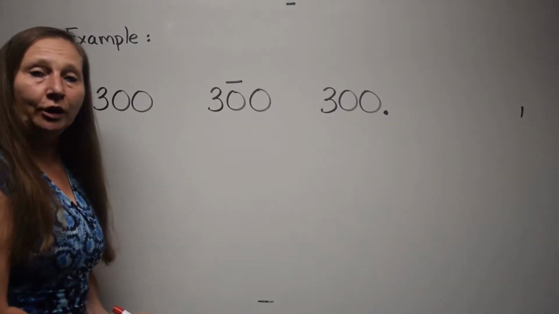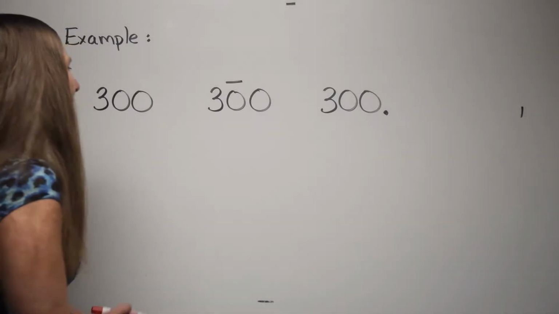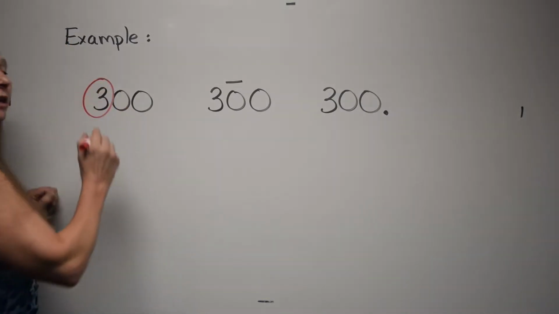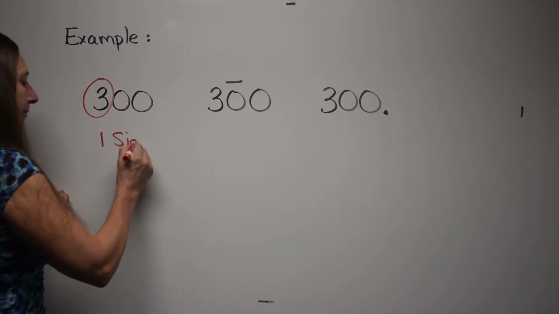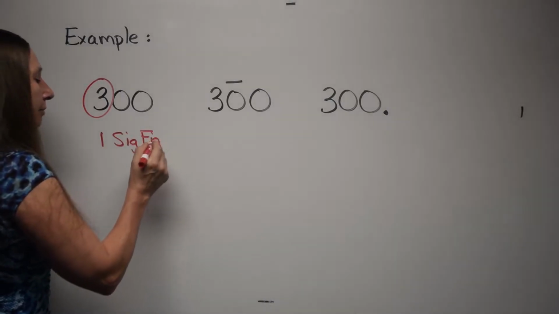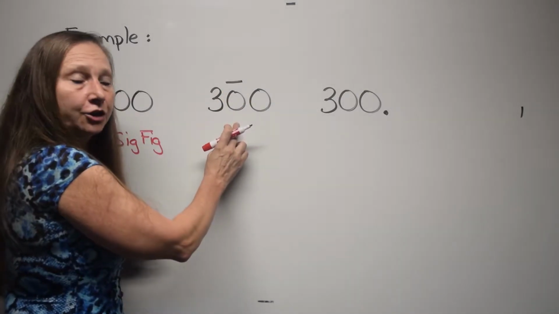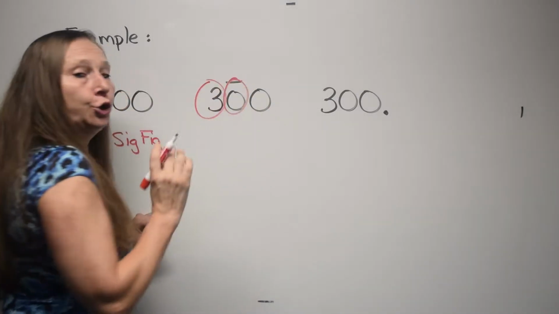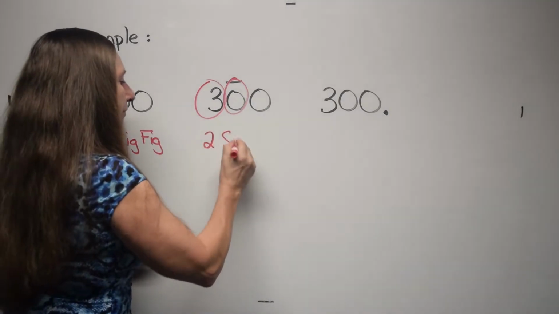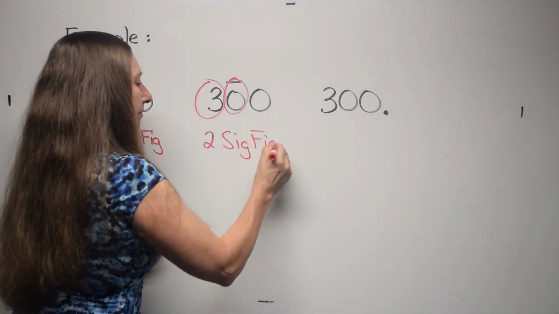Let's take a quick look at one short example. Here we have one significant figure. And remember, I'm going to go into much more detail in a few minutes. Now here, because we have a dashed zero, we have 2 significant figures. 2 sig figs.